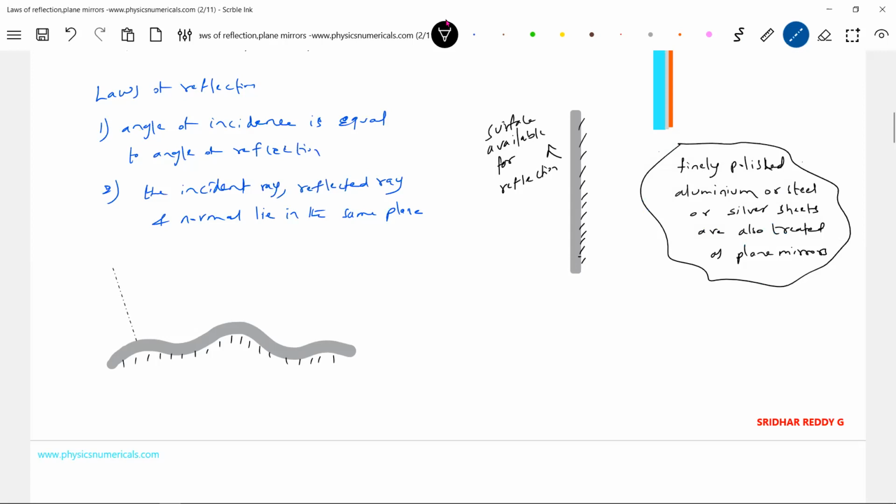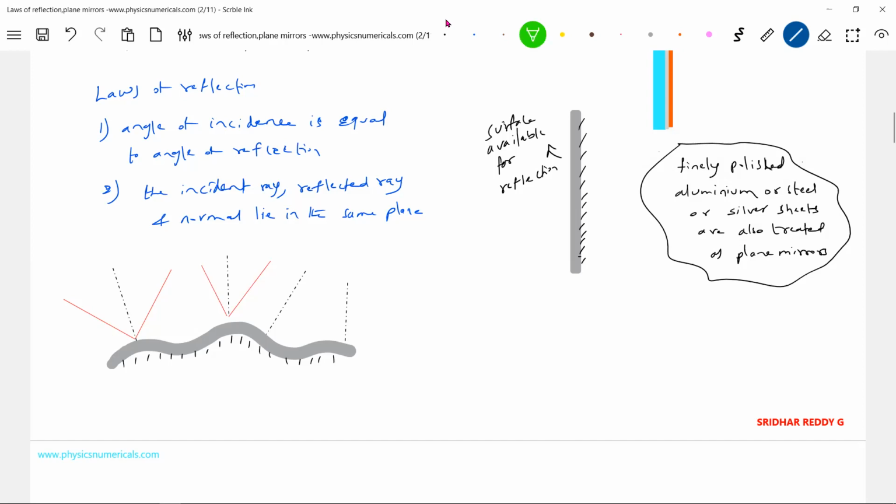Here this will be the normal, here this will be the normal. We can define the normal in either way. It's not that it should be like this only. So what about the incident ray? This is the incident ray, this is the reflected ray.